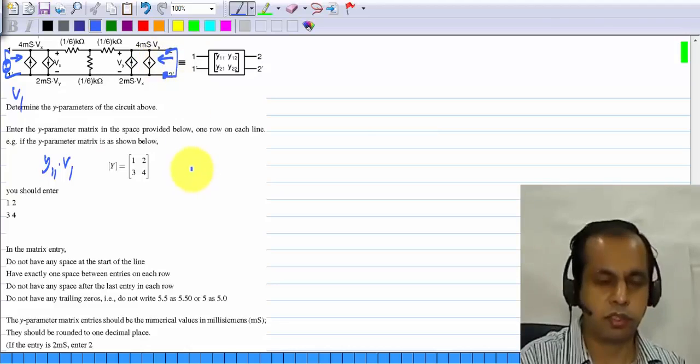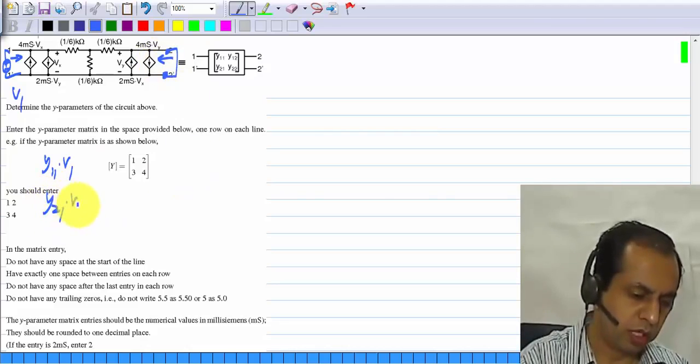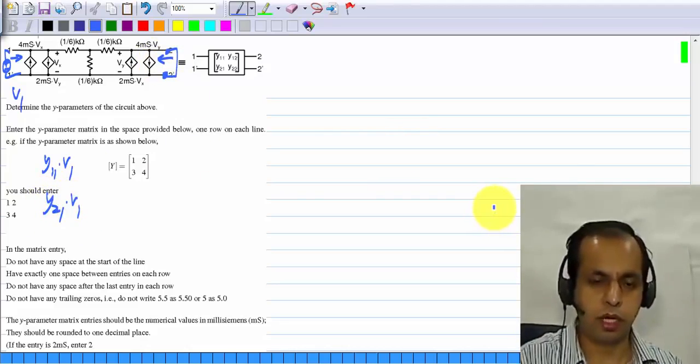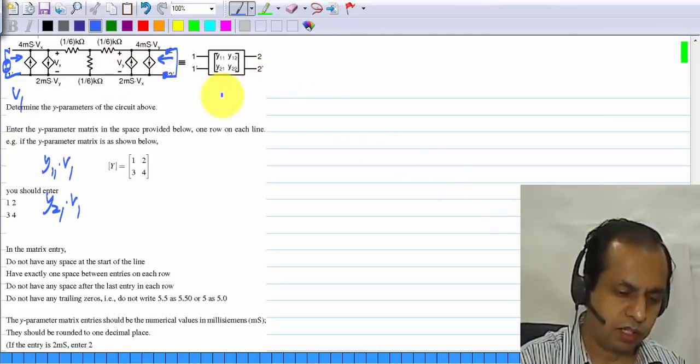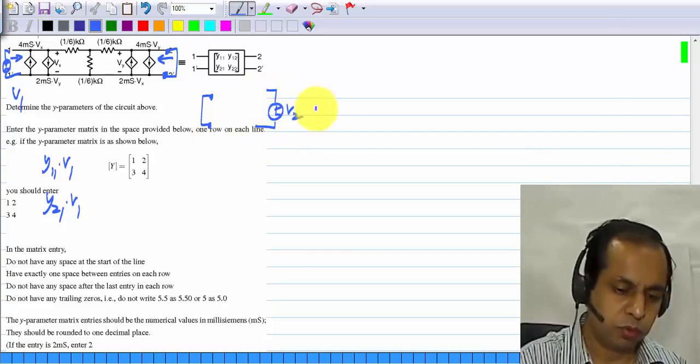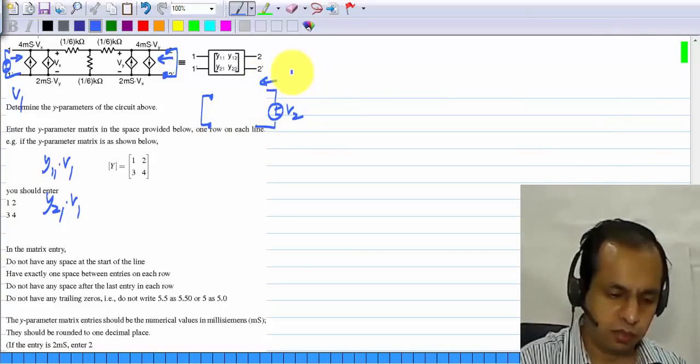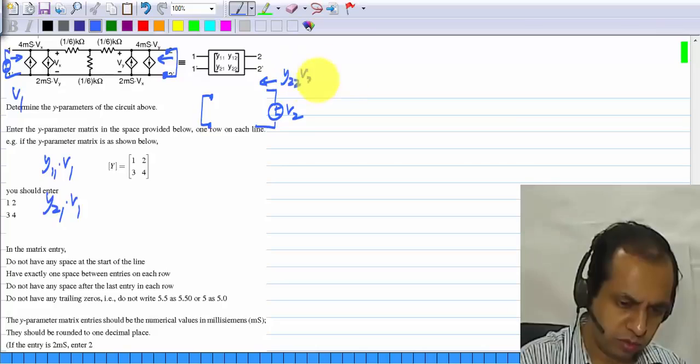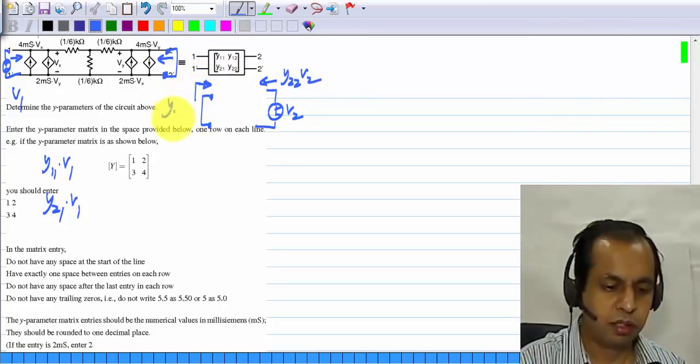The current that flows there will be Y21 times V1. After that you short port 1 and apply V2 to port 2. The current that flows here will be Y22 V2. The current that flows there in that direction will be Y12 V2.